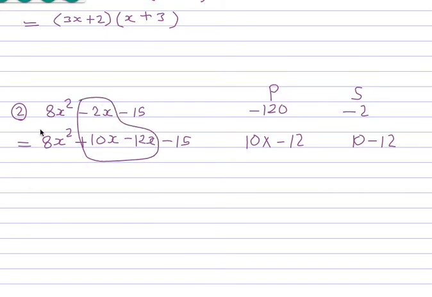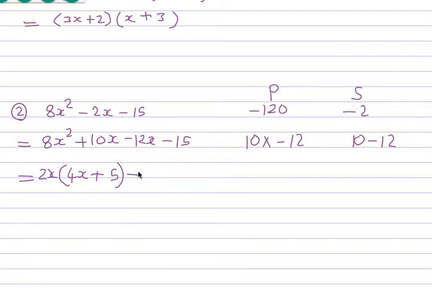Is this the same? Yes. Now here there are four terms. We can factorize by the grouping method. From the first two terms we can take common 2 and x: 2x times 4x, 8, and one more x, plus 2 times 5, 10. x is already taken out. Okay, from here we can take common negative.